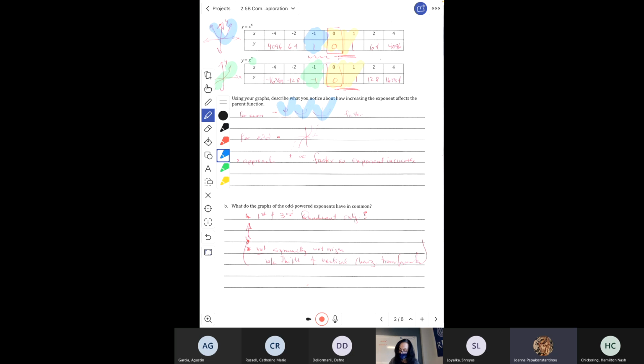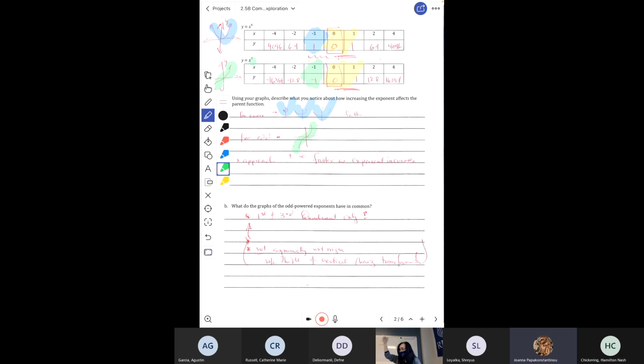For odd, hopefully you noticed that we were passing through the first and the third quadrant at all times for the parents, but the steepness, how fast we approach infinity in the y, depends on your power of x. As we increase the power of x, how quickly do we go to infinity?